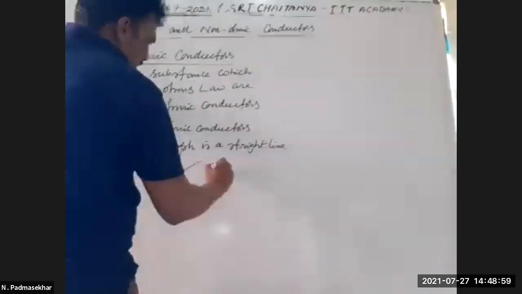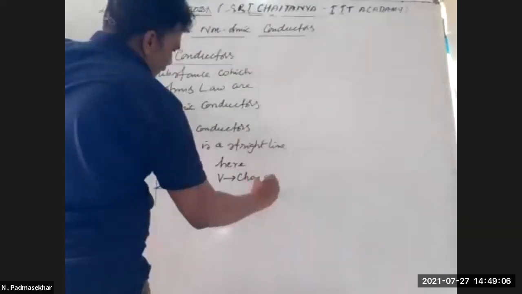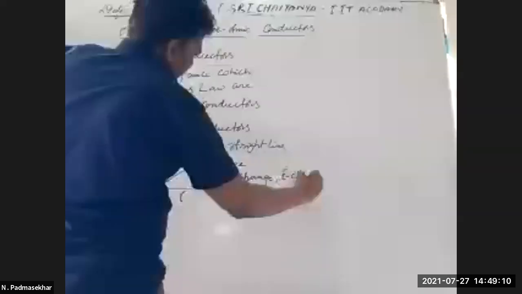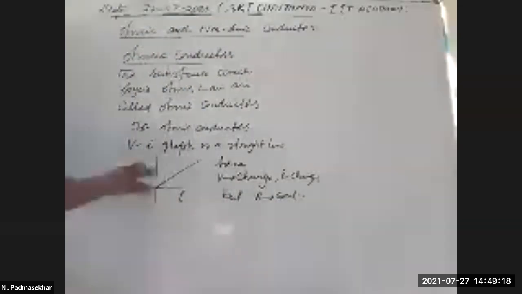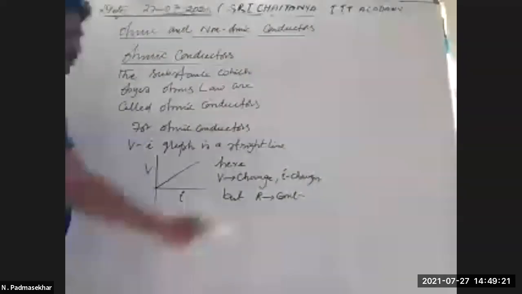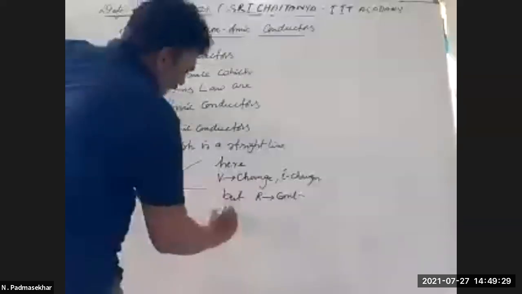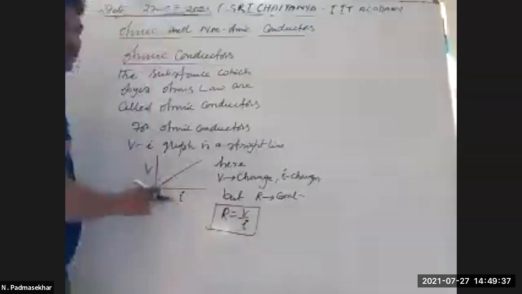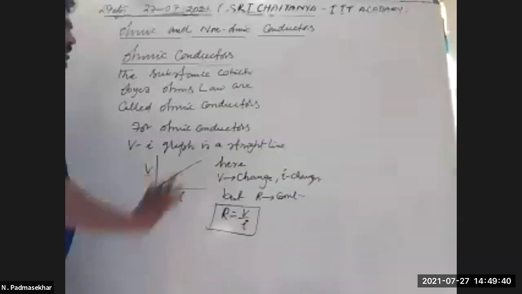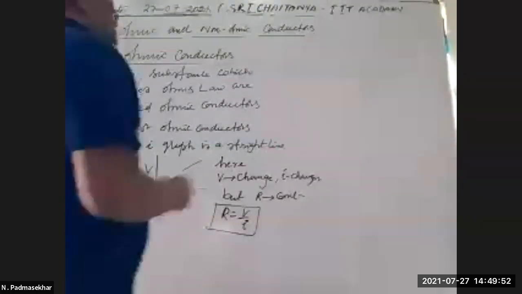See here, V changes, I changes, but R remains constant. అంటే రెండు ఒకే విధంగా ప్రపోర్షనల్ గా చేంజ్ అవుతాయి కాబట్టి, R is equal to V by I. ఇది ఎంత చేంజ్ అవుతుందో ఇది కూడా అంతే చేంజ్ అవుతుంది. ప్రపోర్షనాలిటీ ఉంటుంది కాబట్టి V changes, I changes, but R is constant.